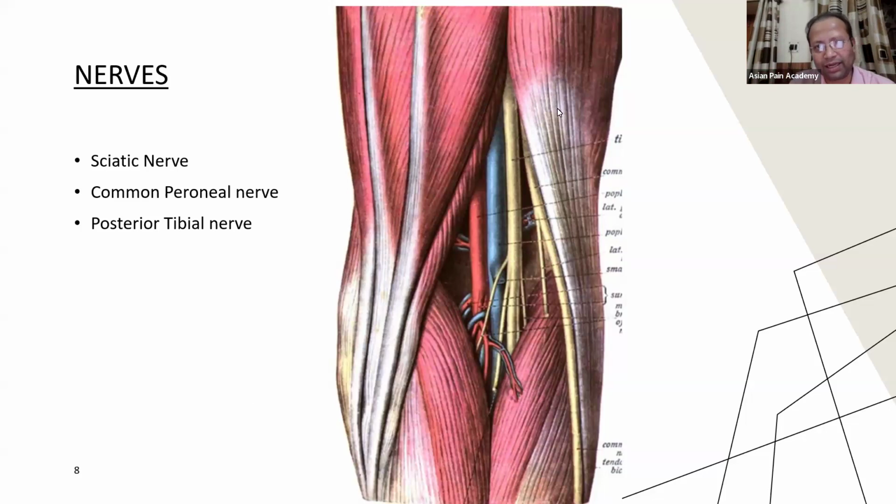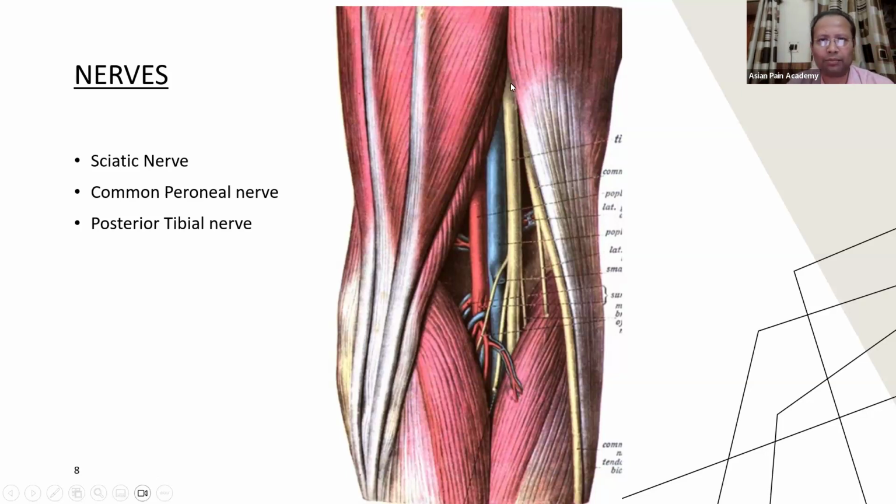You can see that this side is the lateral side, because one branch is going this way. So this is the common peroneal nerve branch, and this nerve is the tibial nerve. Both these branches are coming from the sciatic nerve. But this sciatic nerve branching is quite proximal. It is more than 6 centimeters proximal from the posterior crease of the knee.